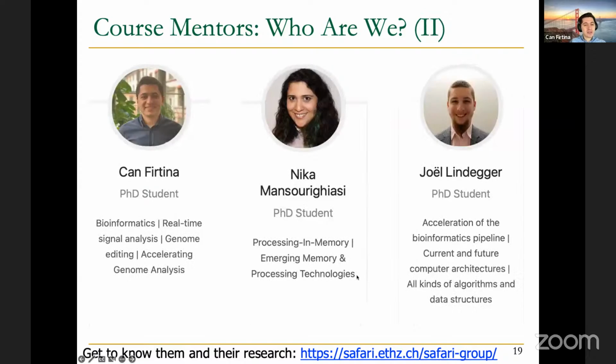We also have some PhD students as your mentors. We already covered me, I guess, so I'm going to skip. We also have Nika, who is a PhD student in our group. We also have Joel, again a PhD student in our group.